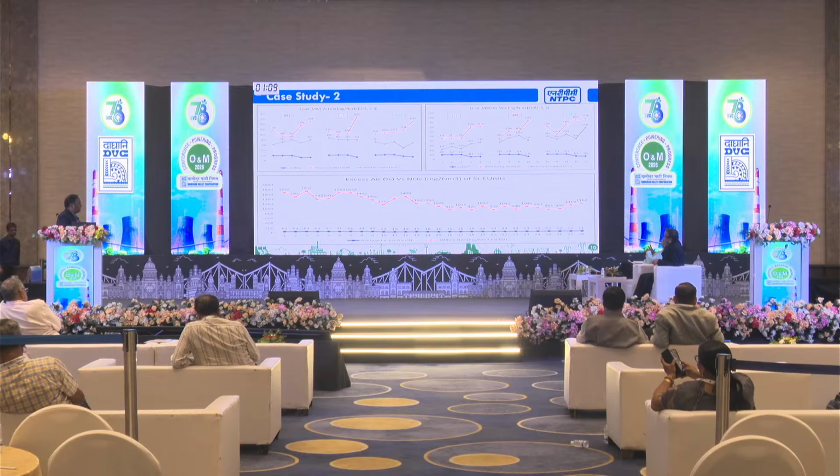A similar trend we concluded for case study 2, which is a similar kind of unit, just the boiler system is a little different.